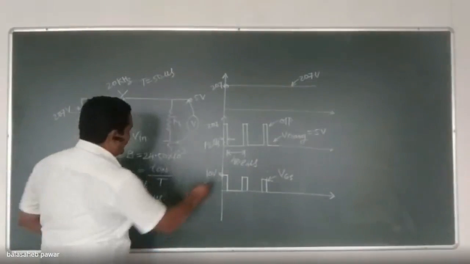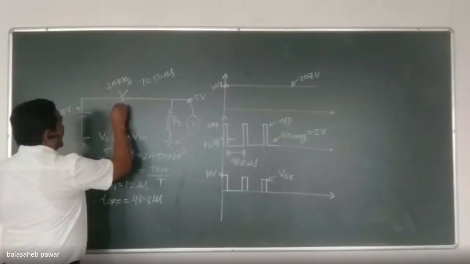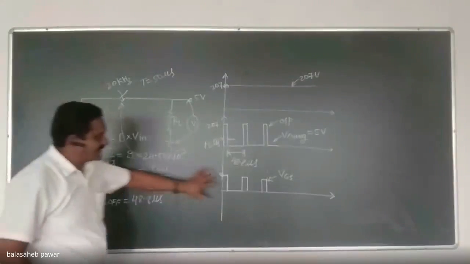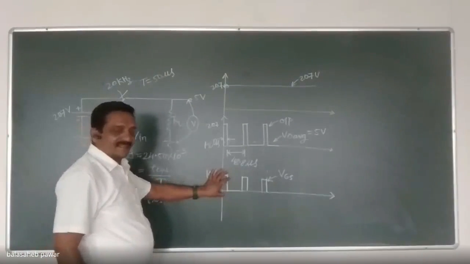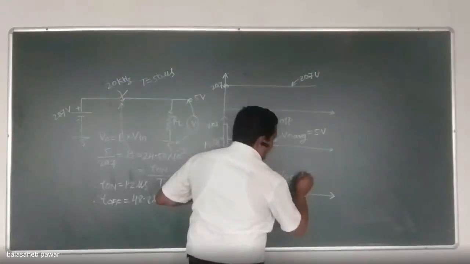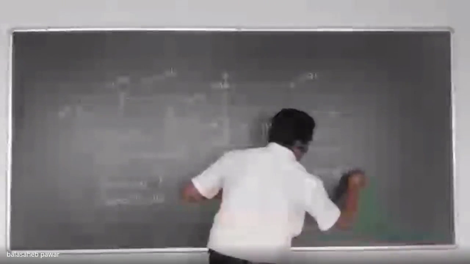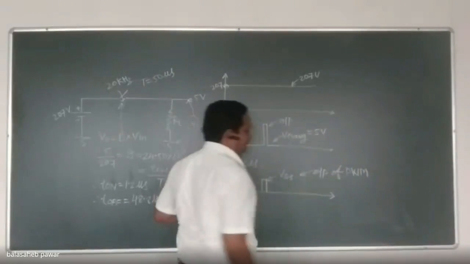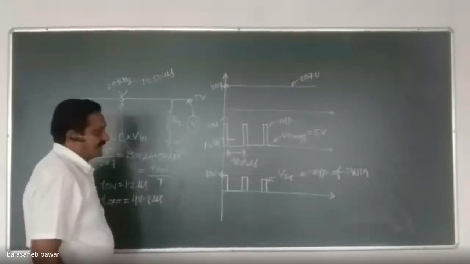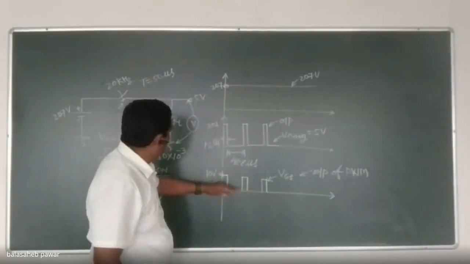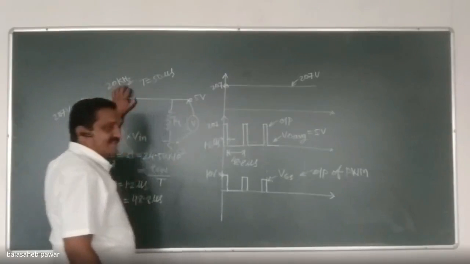We will apply them to the gate terminal of that MOSFET. So this is separate circuitry, correct? This is nothing but the output of the PWM generator, and we are applying it to the gate of that transistor.